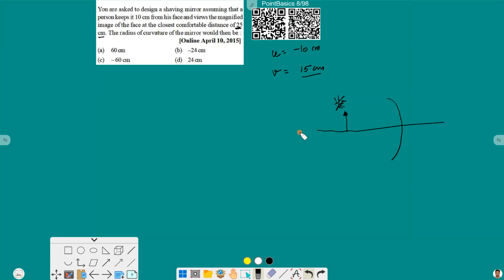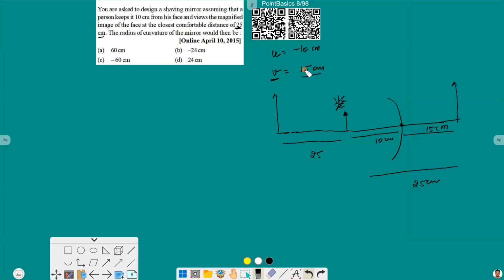So either this image can be formed on this side or this image can be formed on this side. If this distance is 25 centimeter, and we already know that this distance is 10 centimeter, and v is the distance from the pole, then this distance will be 15 centimeter.